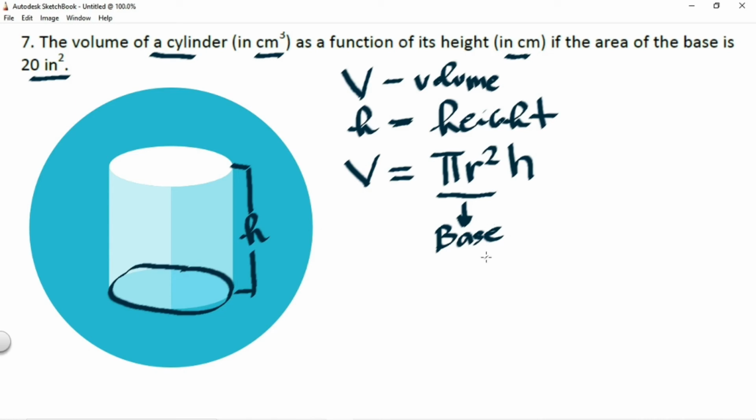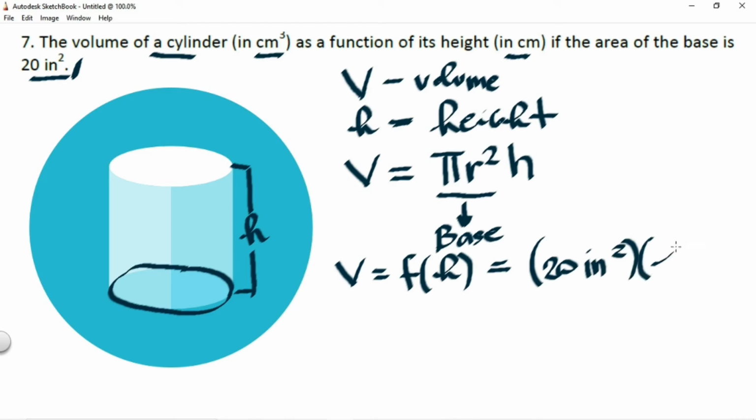And the area of the base is already provided, which is 20 inch raised to 2. This can be written as the volume of the cylinder as a function of its height is equal to 20 inch raised to 2 multiplied by small letter h, which is the height.